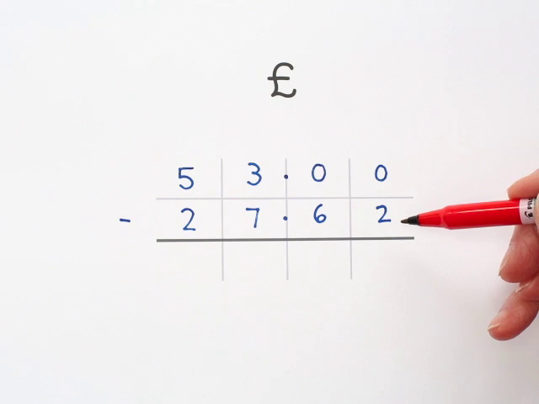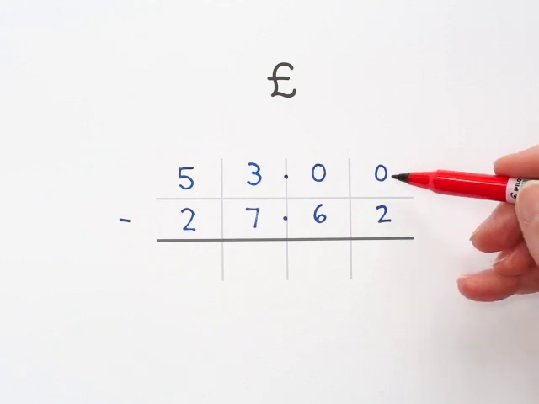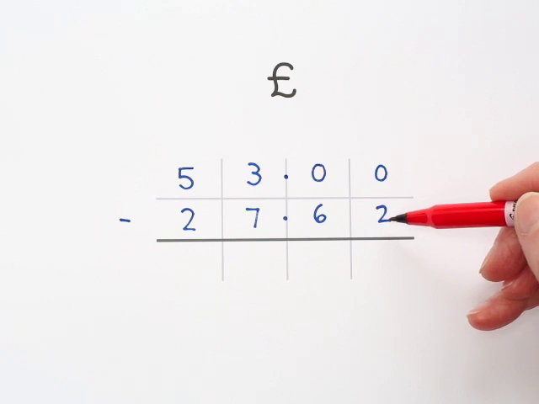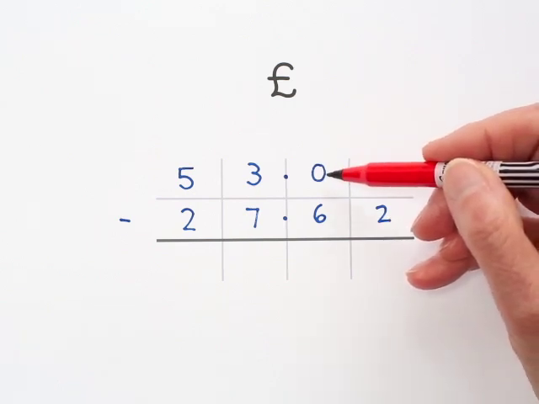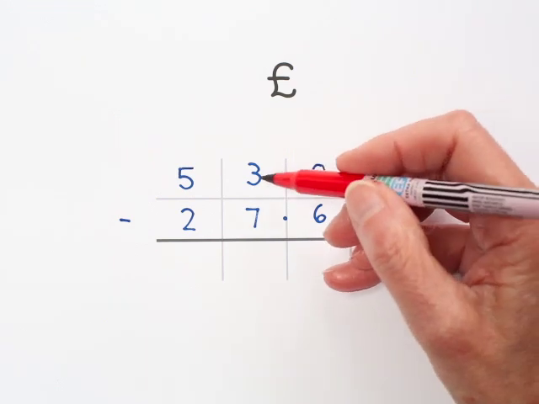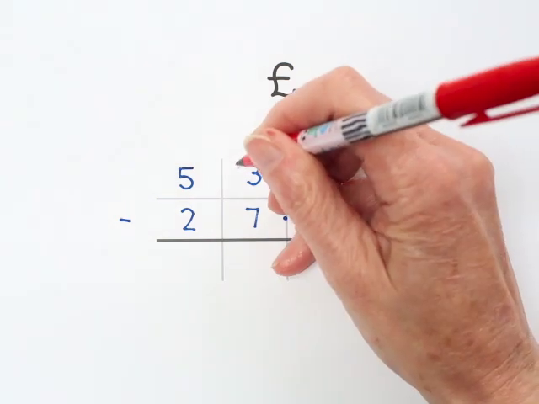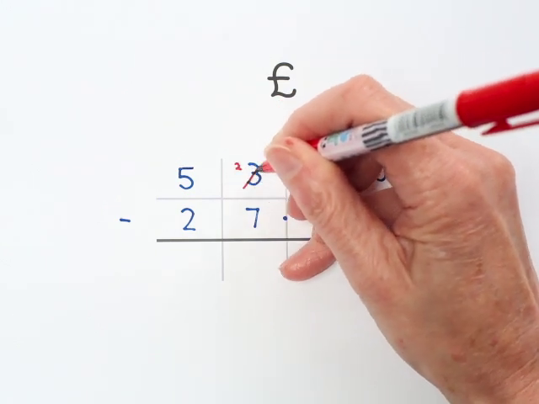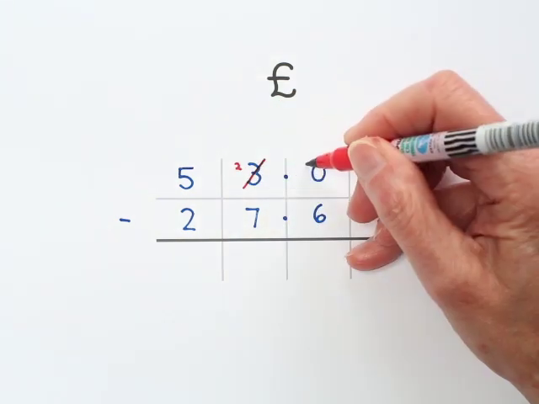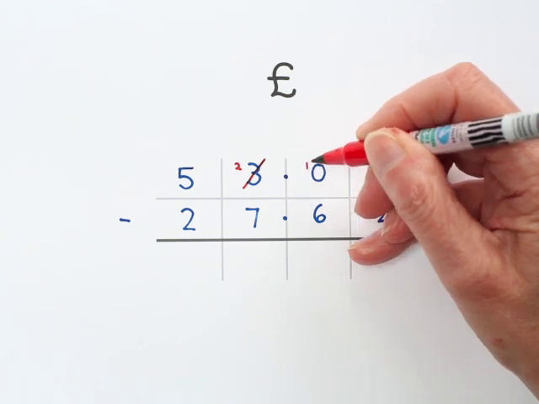53 take away 27.62. Starting in this column, 0 take away 2 you can't do, so you go next door where you've still got a 0, so you have to go to this column here where there's a 3. Take 1 from the 3, leaving 2, and take this one, there's a little one next door there.